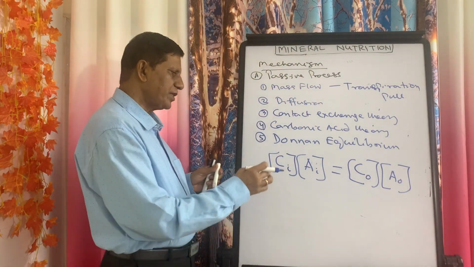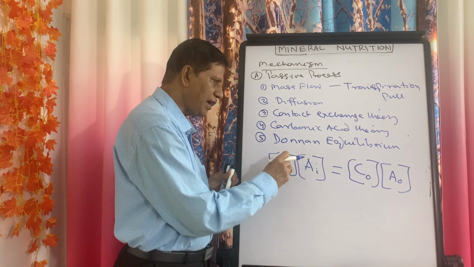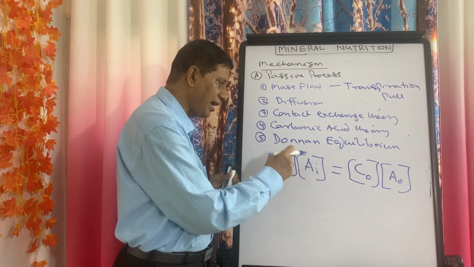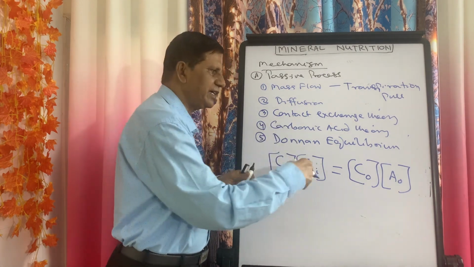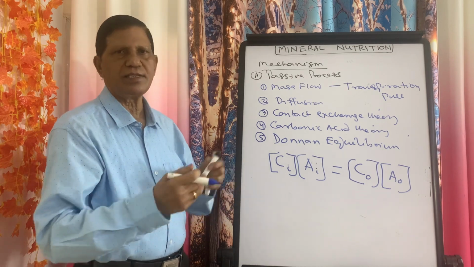That means the product of the concentration of anion and cation inside the cell is equal to the product of cation and anion outside the cell.